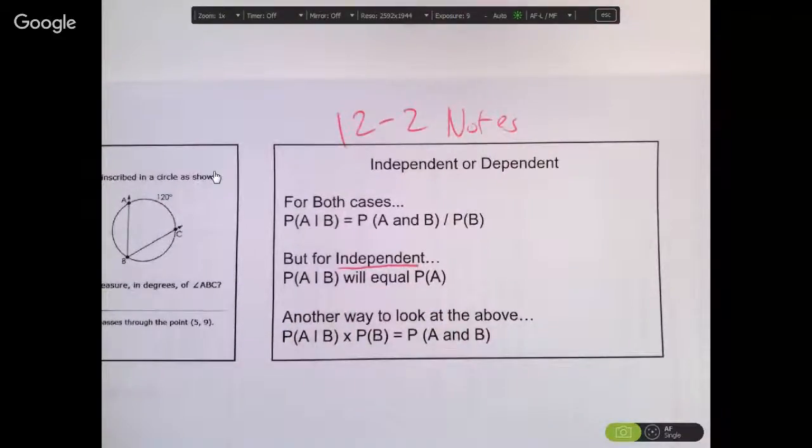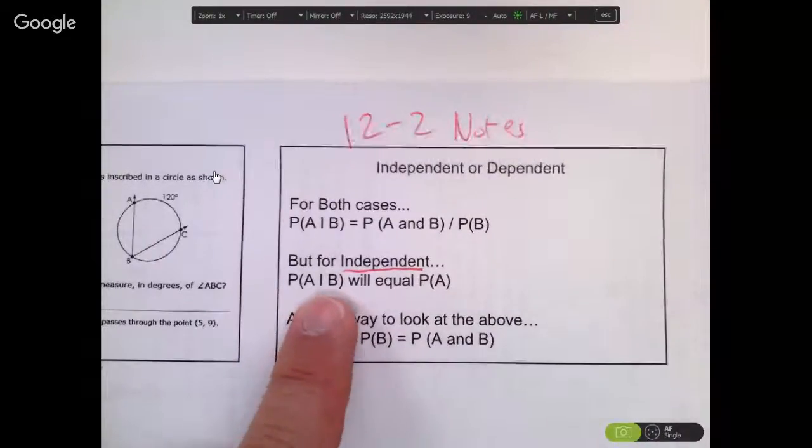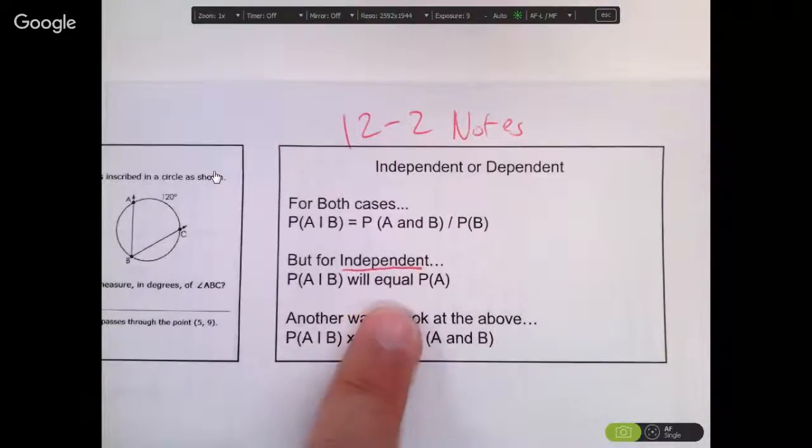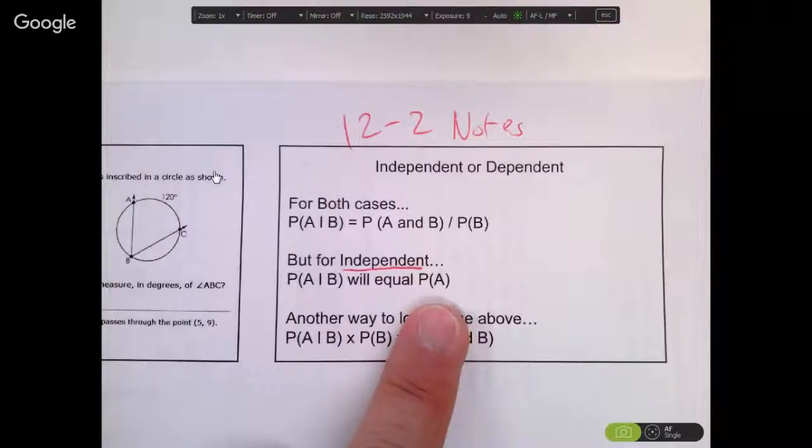So given that other things happen. What happens here is if you're independent, if B does not affect A, then that just means that the probability of this happening is just the probability of itself.